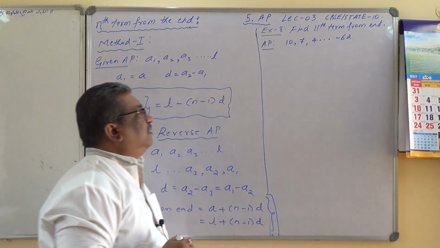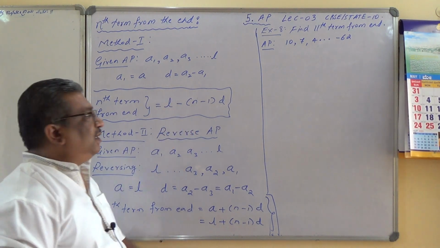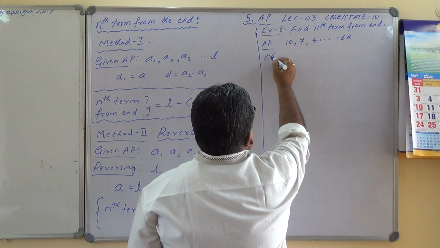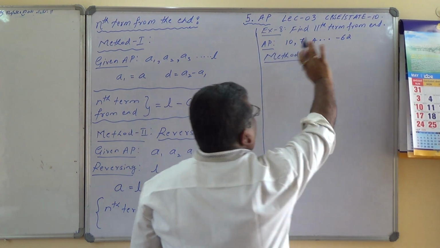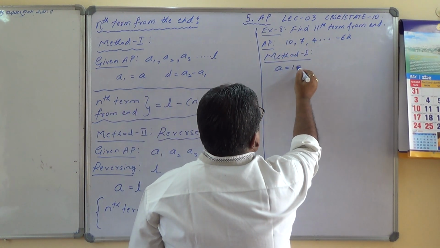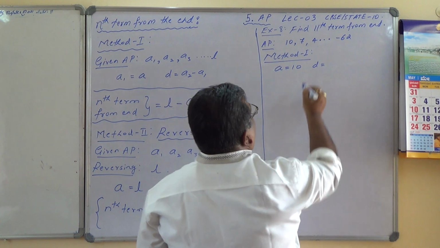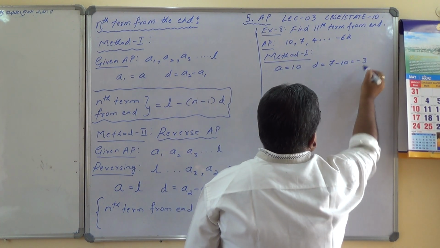I'll use first this method, L minus n minus 1 into d, and then use the other method. First method 1: no reversal of AP, keep as it is. A equals 10, d equals 7 minus 10, which equals minus 3.